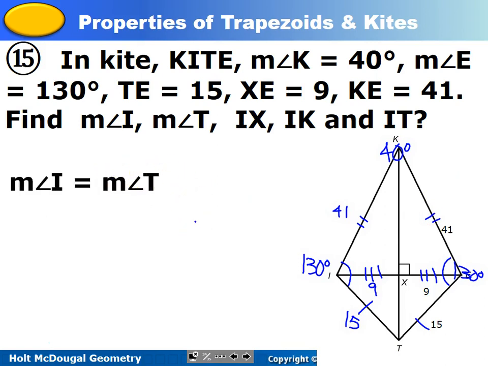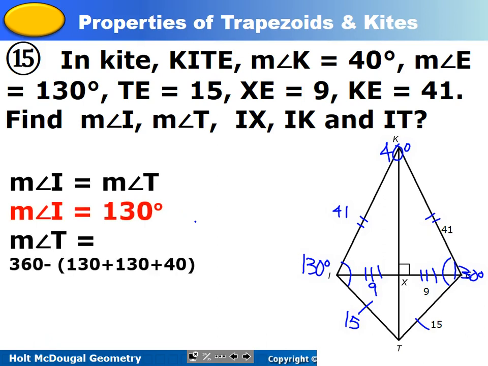The measure of T is equal to 360 minus the other three angles. 130 plus 130 is 260, plus 40 is 300. 360 minus 300 is obviously 60 degrees. So that means this angle down here would end up being 60 degrees. And recall that if I asked you for those parts, I would have 20 and 20 and 30 and 30 down there, okay? Then it's asking us for IX.